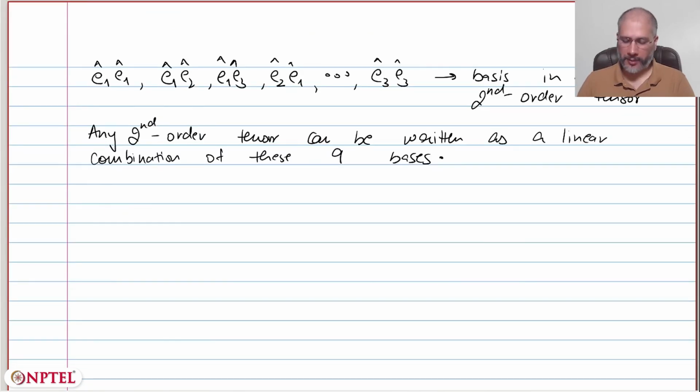We also note here that the bases e1 e2 and the bases e2 e1 are different. So they are not equal. So what that means is that the outer product of e1 and e2, or the outer product in general, is not commutative.